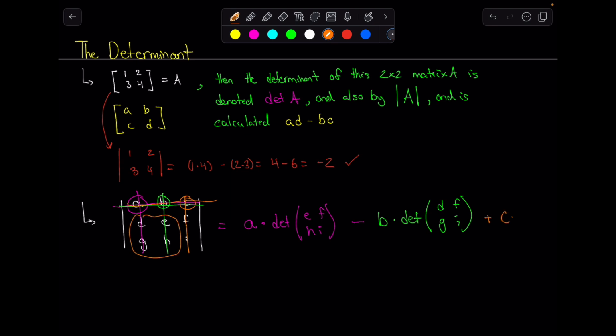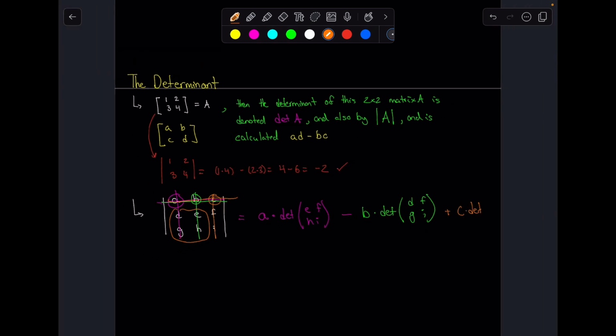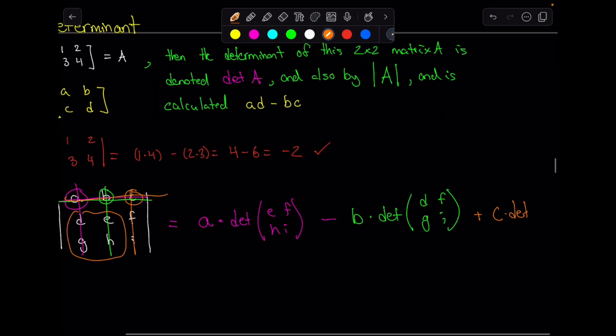So we're going to have C times the determinant of D, E, G, and H. Okay, great.